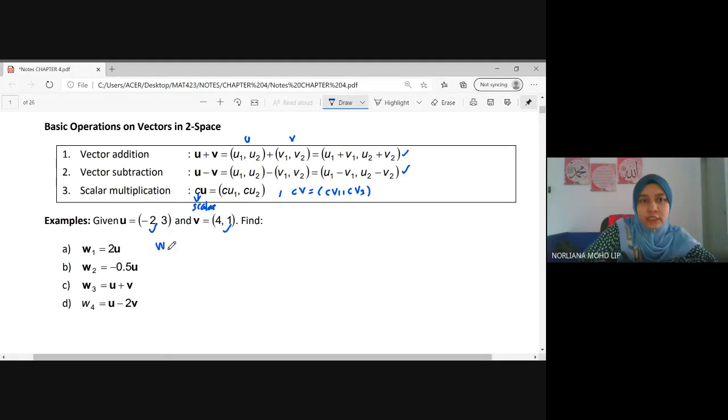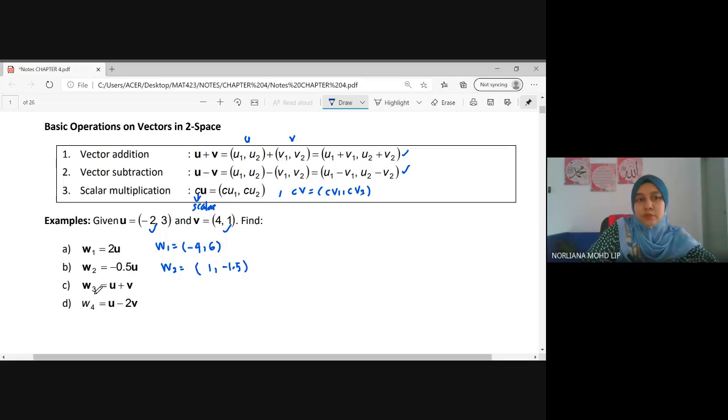So we get w1 equals negative 4, 6, multiplied with scalar 2. Then number 2, w2, multiplied with negative 0.5. So we get 1, negative 1.5.